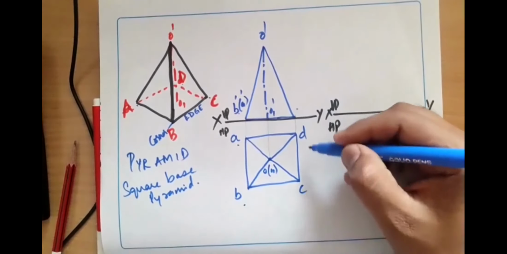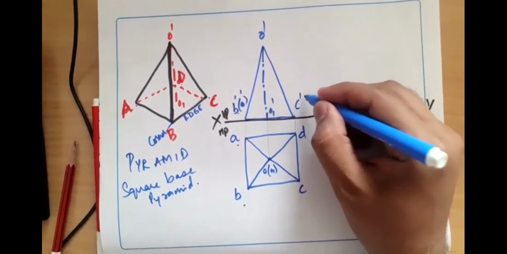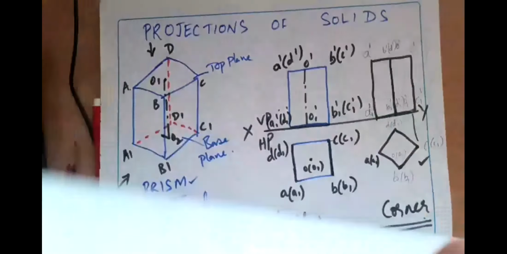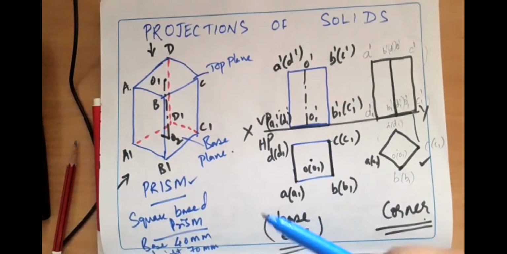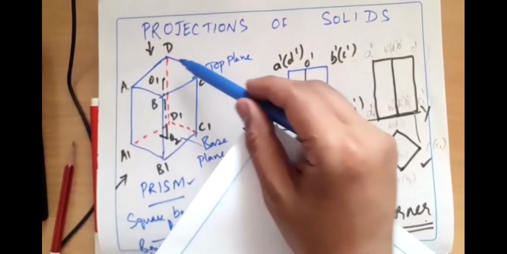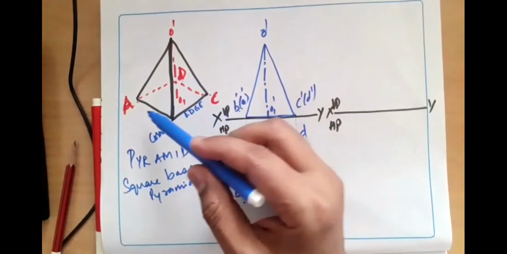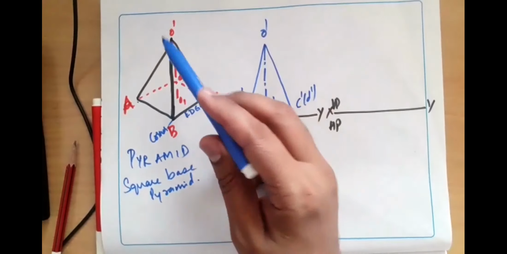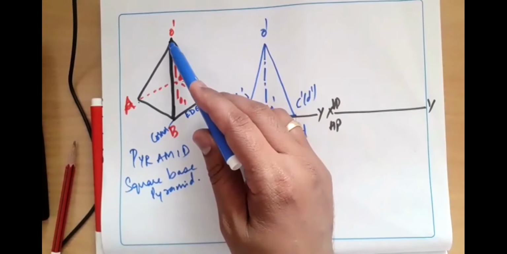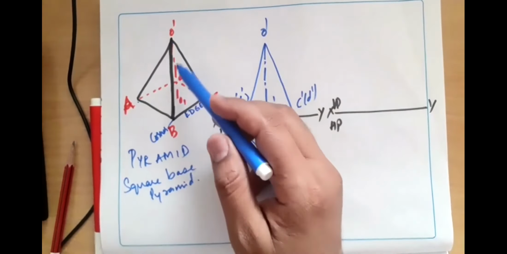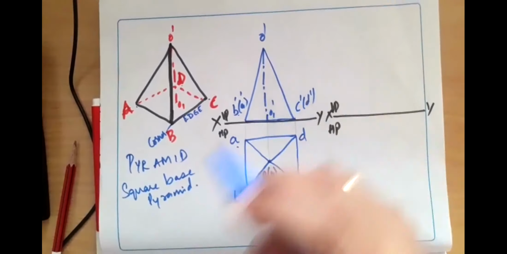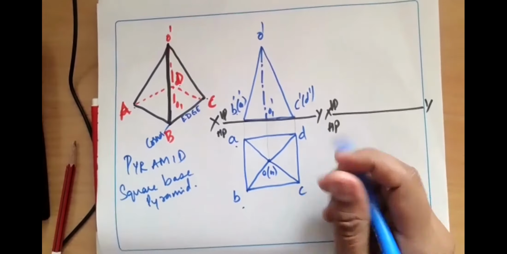First you are seeing C and then D: C dash of D dash. No C1, D1, nothing will be there as compared to prisms. In prism, base plane A1, B1, C1, D1 was there, and top plane A, B, C, D was there. But in pyramid, only base plane A, B, C, D is there. There is no top plane. All corners, we are identifying the apex position for whatever height is given of the axis, and you are joining it to the corners so that you get a pyramid as such.